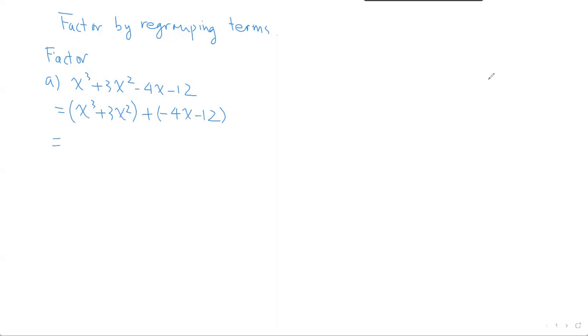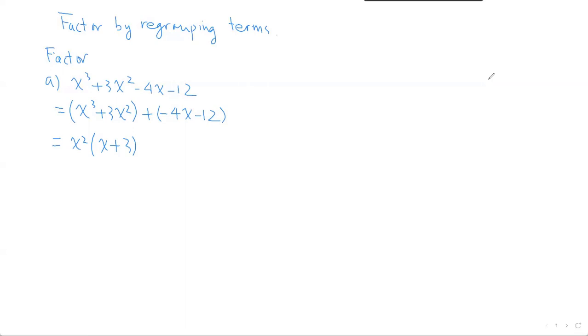The greatest common factor is x squared. So let's factor x squared out of the first two terms. So x cubed divided by x squared, that is x. 3x squared divided by x squared, so this is 3.